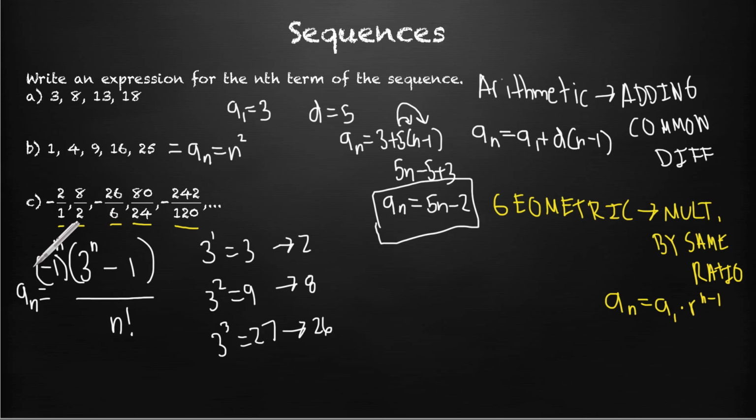So let's just start off with when n is 1. So when n is 1, you get negative 1 to the first power, which is negative 1. And then 3 to the first is 3 minus 1 is 2. And 1 factorial is 1. So we end up getting negative 2 over 1, which is the first term. And so you can assume that's going to work for the rest of those as well.